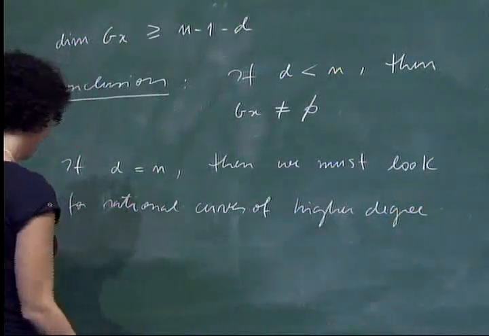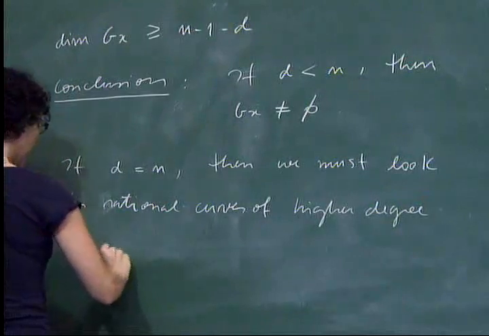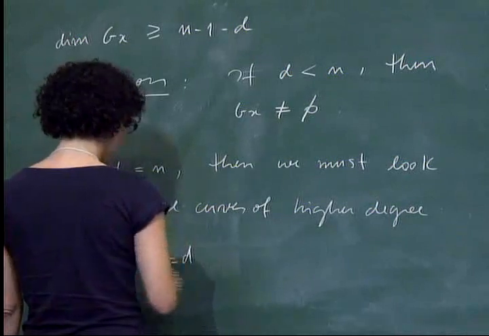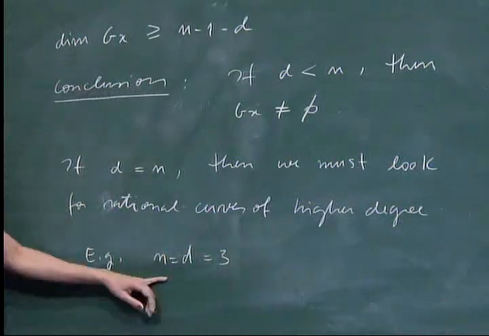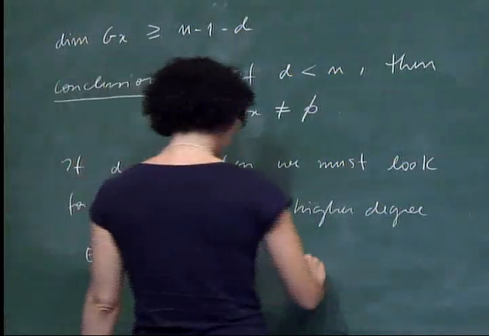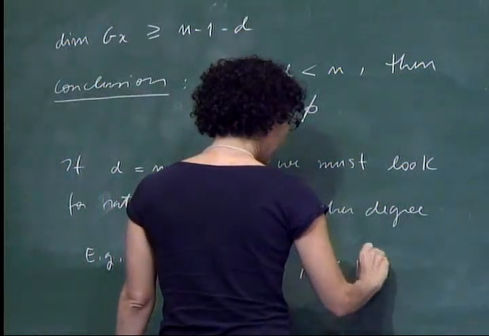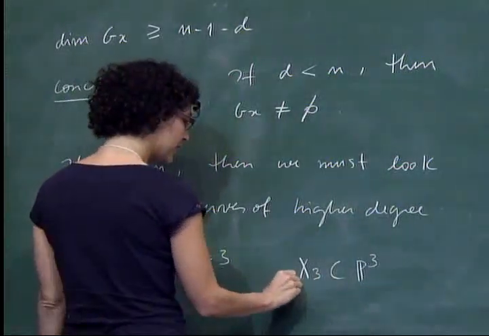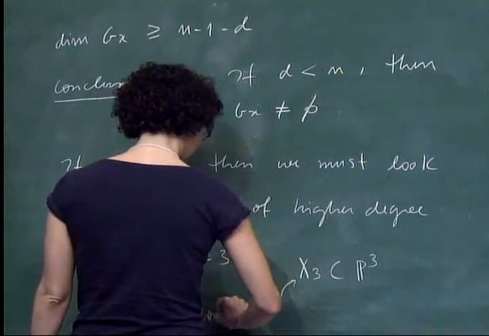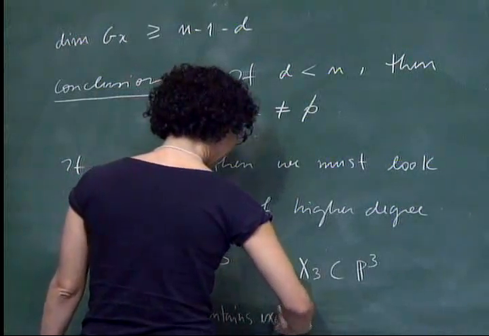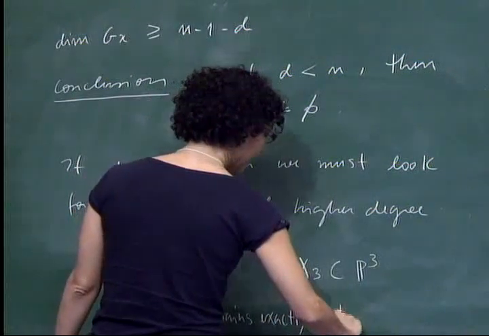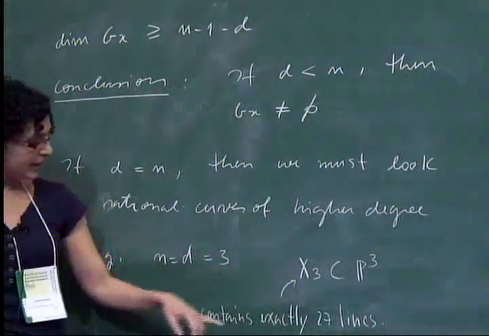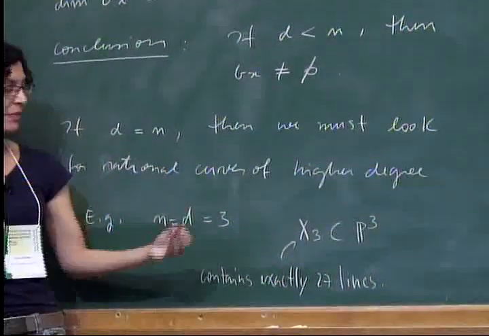Let me just give an example. If I take n equals d equals 3, this is a cubic surface in P^3. We know that this cubic surface contains exactly 27 lines. So in this case, through a general point, there will not be a line.